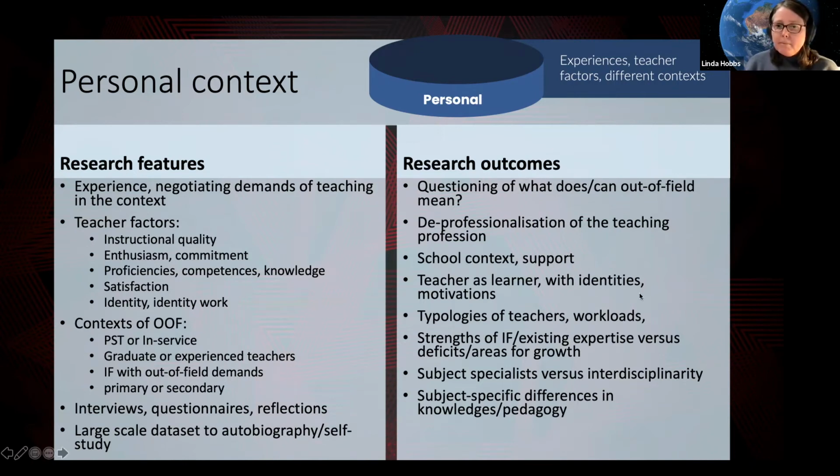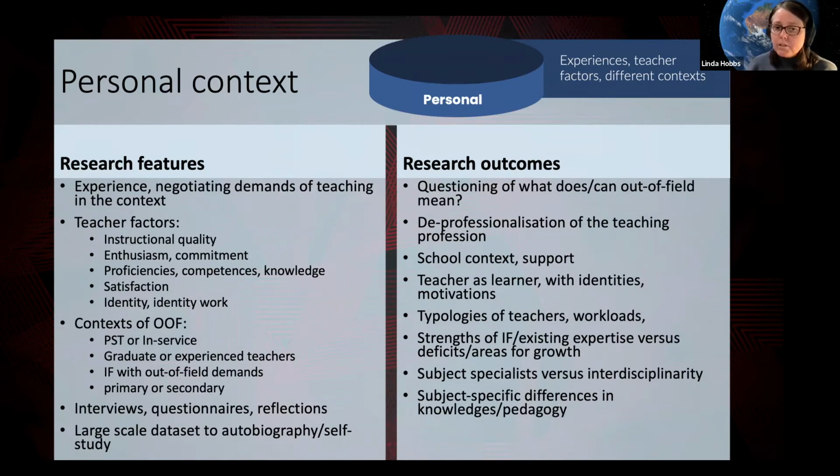In terms of outcomes, there's a questioning of what does and can out of field mean, obviously, once you start looking across those different contexts. An introduction of the notion of deprofessionalisation of the teaching profession. I think that's a really important area to move into. The school context and their supports, teachers as learners, as on-the-job learners.